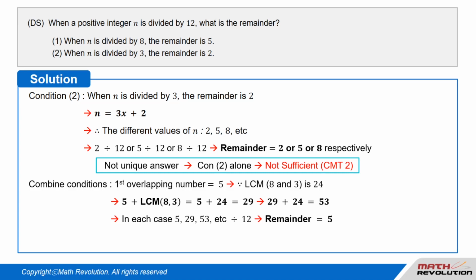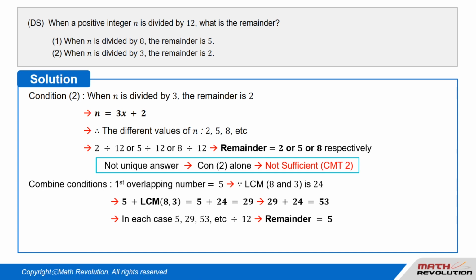Combining both conditions 1 and 2, we have to find the first overlapping number, which is 5. Since the least common multiple of 8 and 3 is 24, the next overlapping number will be 5 plus LCM(8, 3) equals 5 plus 24 equals 29. The next would be 29 plus 24 equals 53.